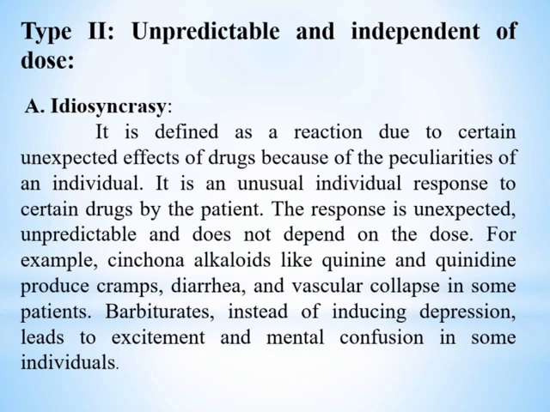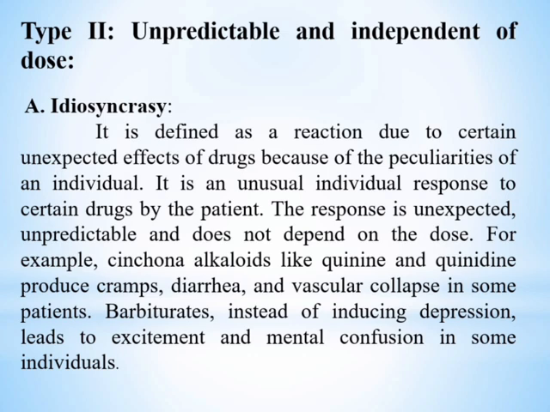Type 2, unpredictable and independent of dose. Idiosyncrasy. It is defined as a reaction due to certain unexpected effects of a drug because of the peculiarities of an individual. It is an unusual individual response to certain drugs by the patients. The response is unexpected, unpredictable, and not dependent on the dose.